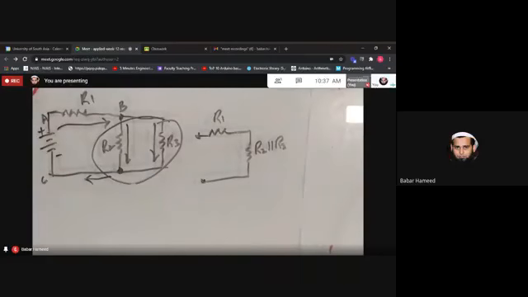Now, to illustrate series parallel relationship, let's increase the complexity of the circuit. I will increase complexity step by step. Now, I'm going to draw another circuit.